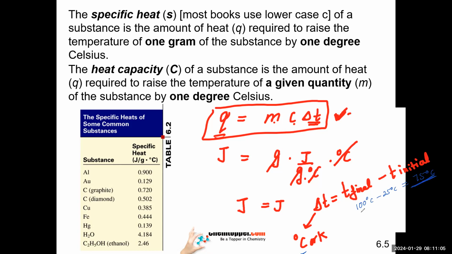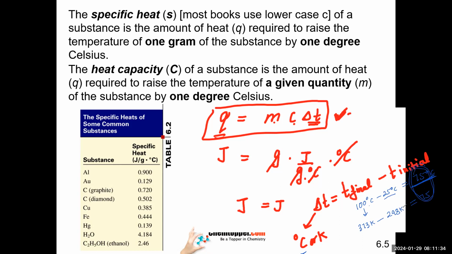But if I change this into Kelvin, then it is 100 plus 273, 373 Kelvin. Convert this 25 into Kelvin, 298 Kelvin. Subtract. You'll get the same answer.